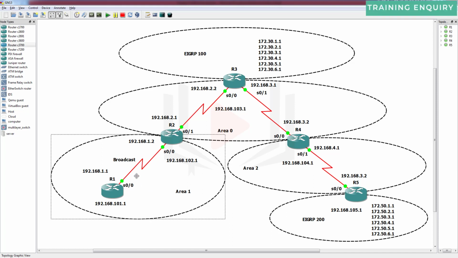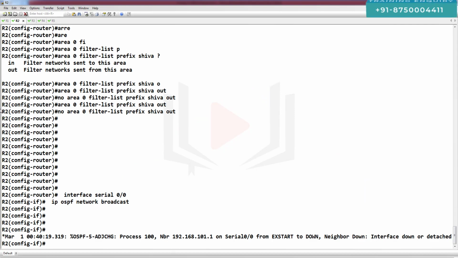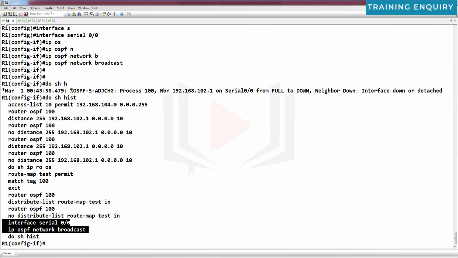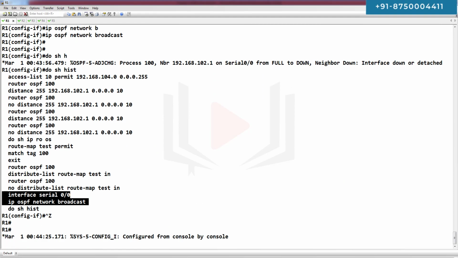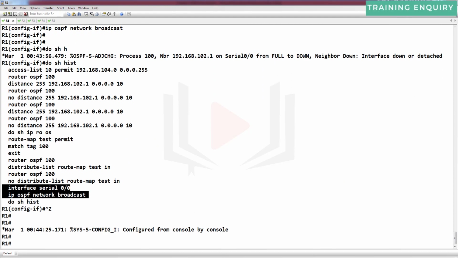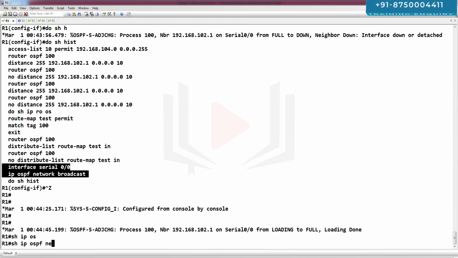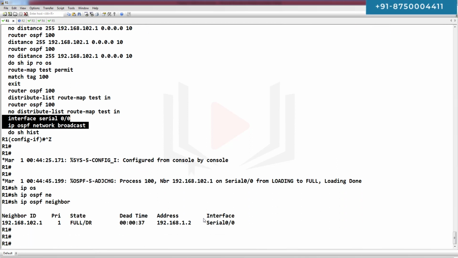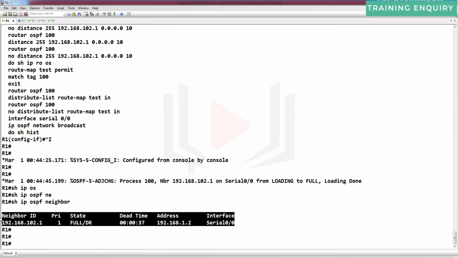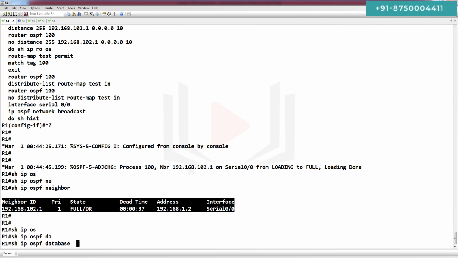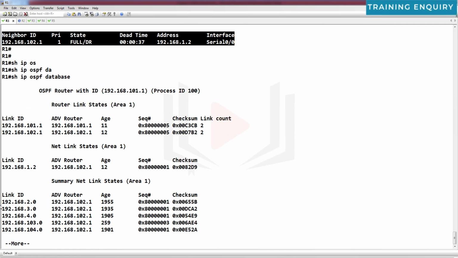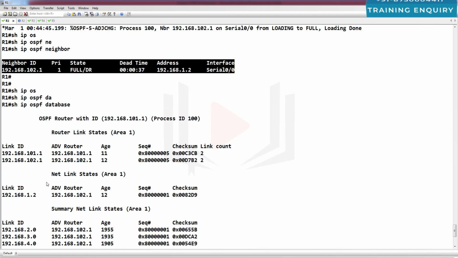Because we want to see network LSA, and we have to wait for some time until neighborship completes. Done. Show IP OSPF neighbor. Yes, this is the neighbor. Show IP OSPF database. Yes, this is our database.